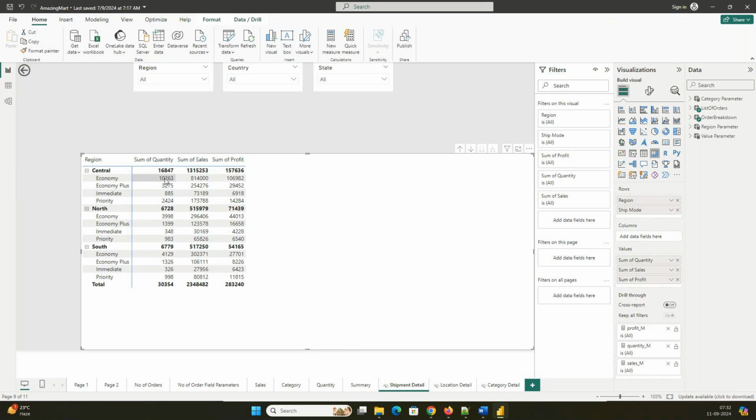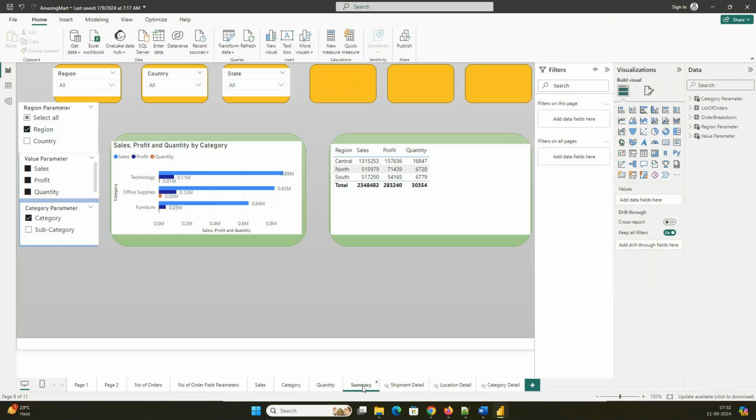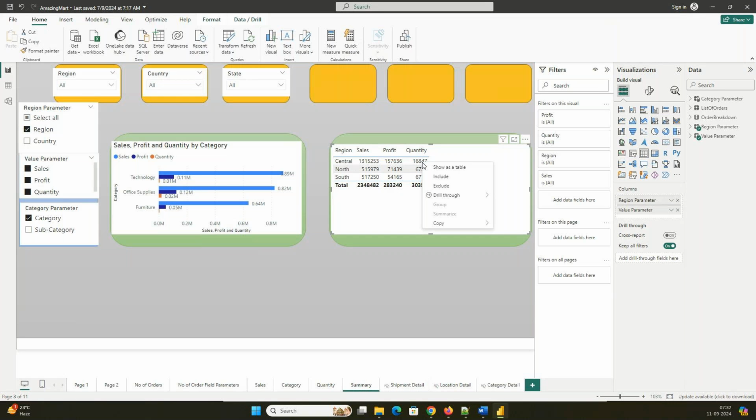How much sale and quantity we are making, how much profit, and is there a difference between economy and economy plus? Do we need to supply in both types of parcel? In the summary view, if I want to see only category details for central region quantity, I can right click, drill through, and go to my category detail.